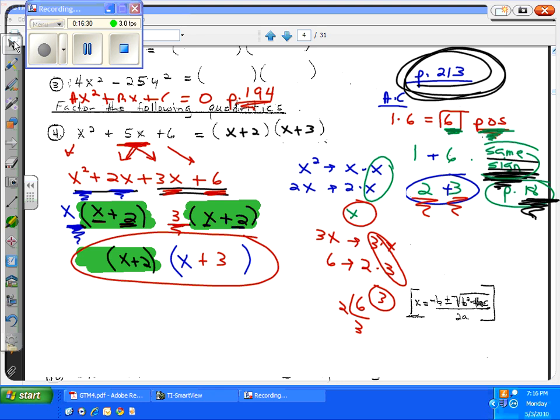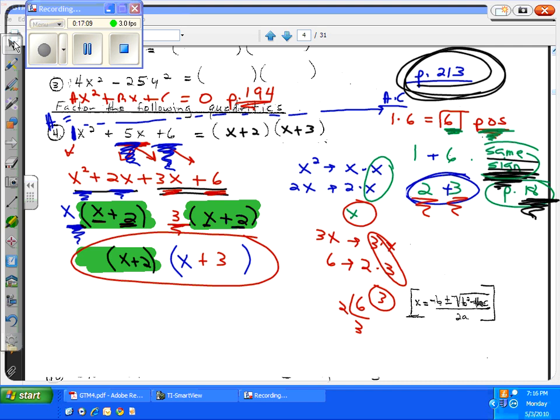Now, we do want to call attention to this. If A is 1, then it may not be necessary to go through this whole AC multiplying process to know how to split it. In fact, we could go right straight to the answers by thinking this way. Now, this is only if A is equal to 1. If A is equal to 1, we want to think, what can I multiply to get 6 and add to get 5?